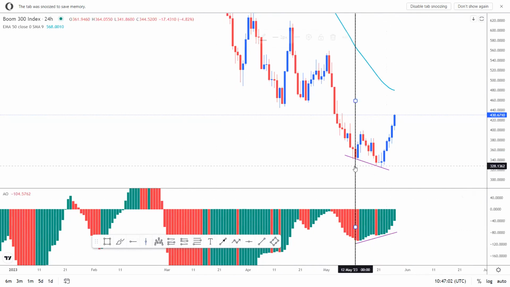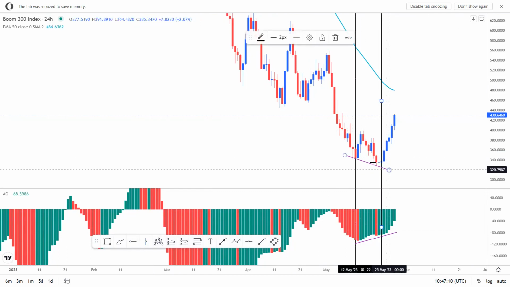So we have price, as you can see, the candlesticks giving us lower lows just right about here. And then moving down to the awesome oscillator, the reverse is the case. We have a higher low.